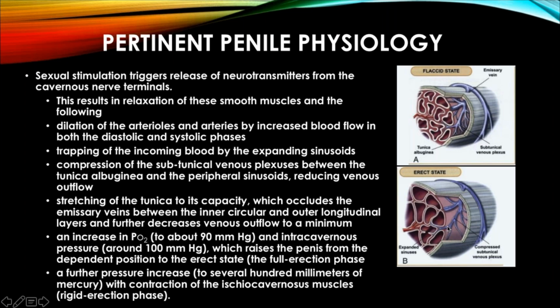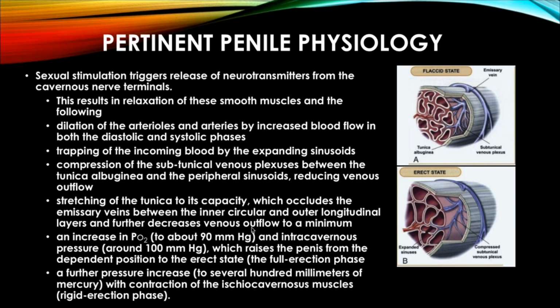So you see these veins right here running under that tunica albuginea layer. As these sinusoids stretch, these veins are effectively compressed and blood is trapped in the penis. So when this happens, the veins are occluded and the venous outflow becomes a minimum.